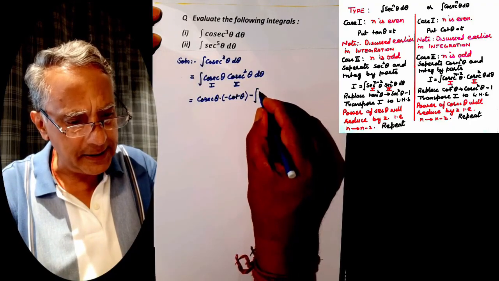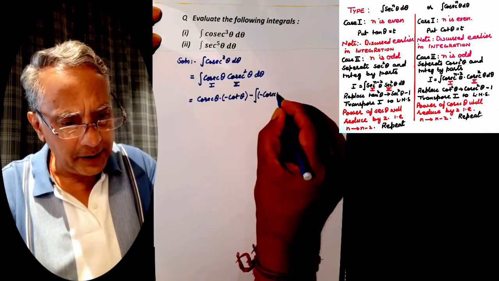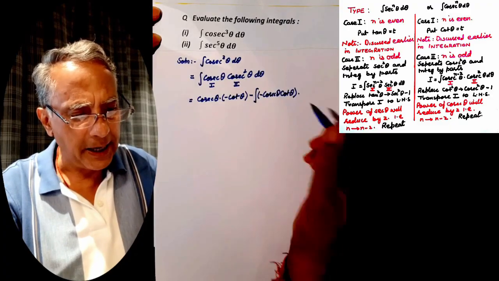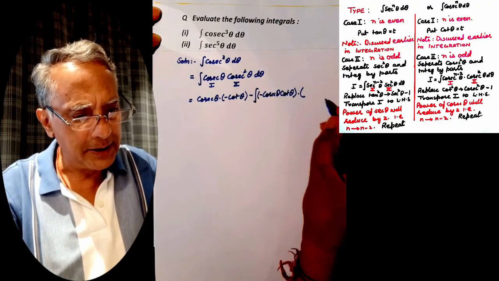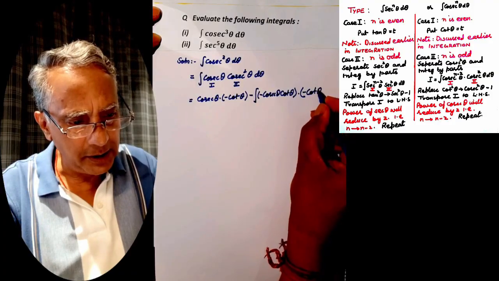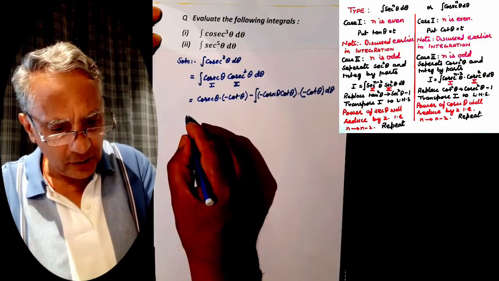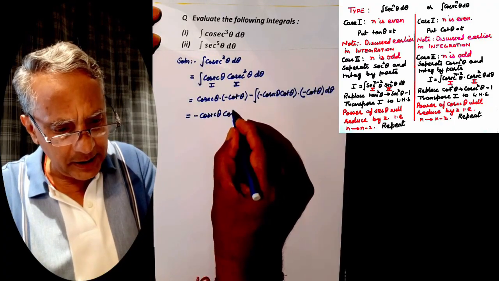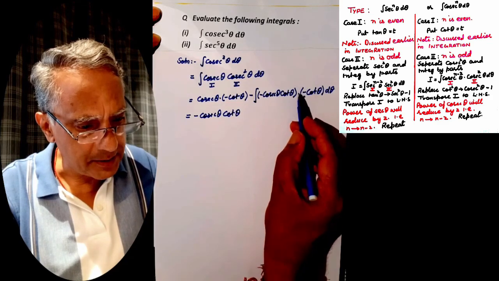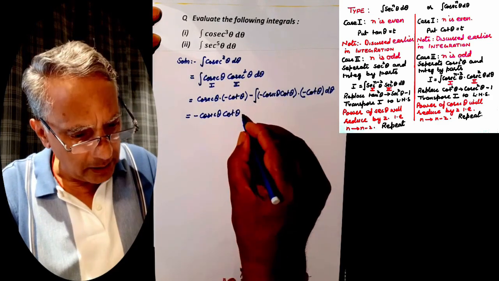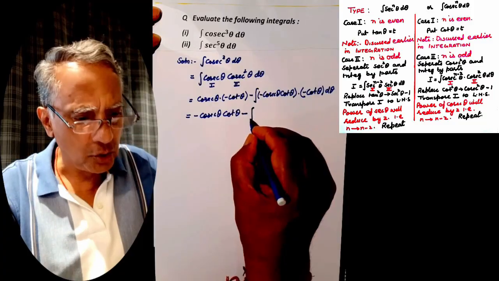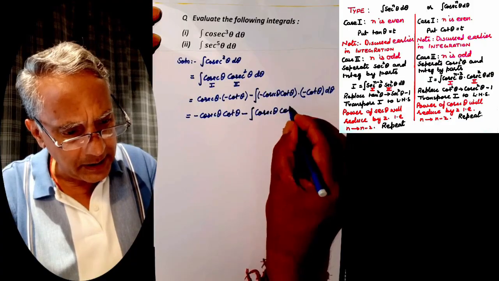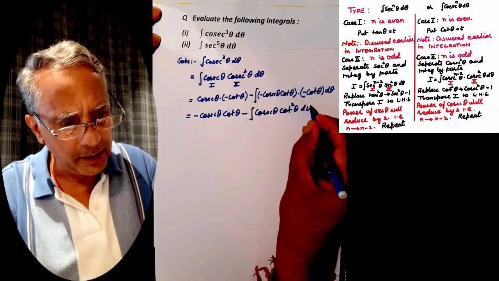Differentiation of cosecant theta is minus cosecant theta cotangent theta, into integration of second, which is minus cotangent theta d theta. This will be minus minus plus and one more minus, so the net result will be a negative sign: minus integral of cosecant theta cotangent square theta d theta.